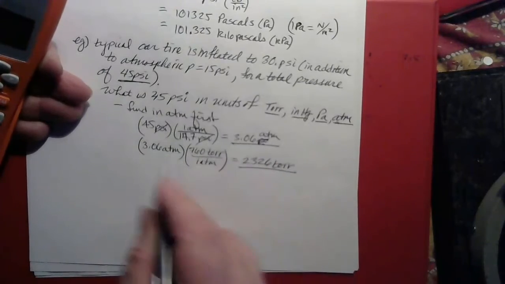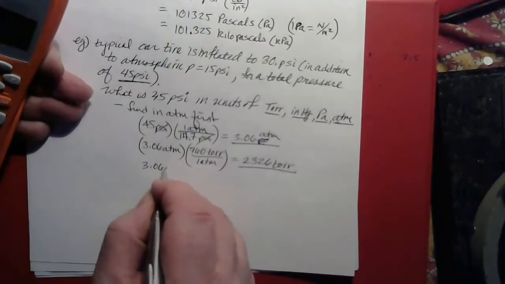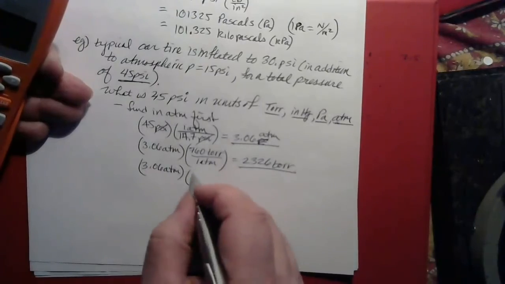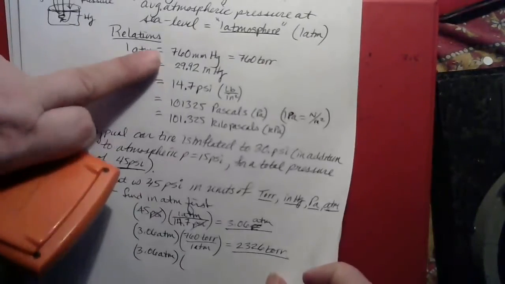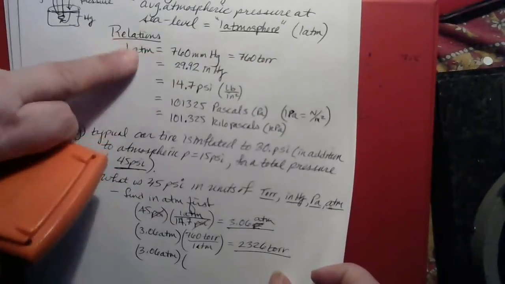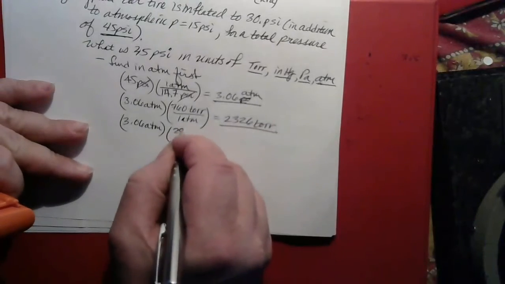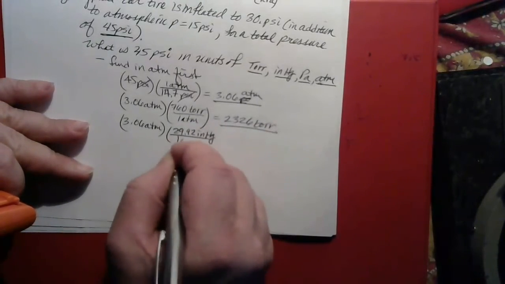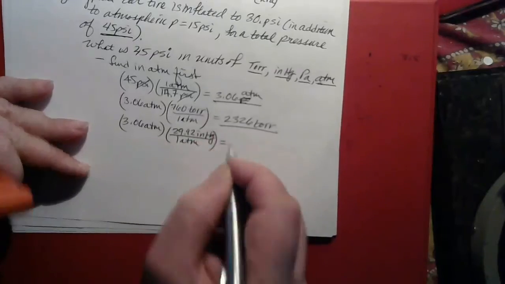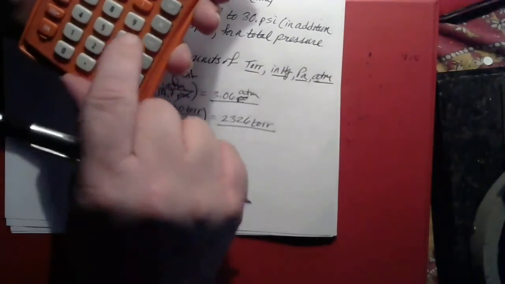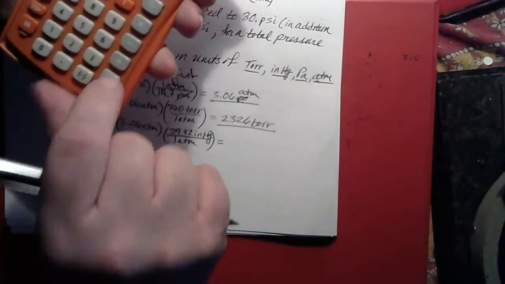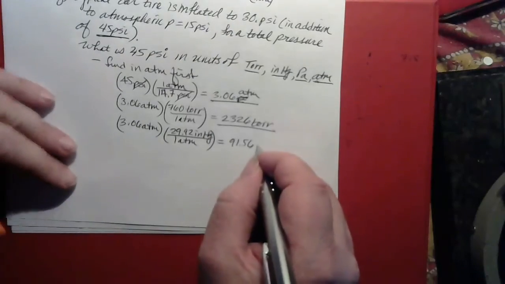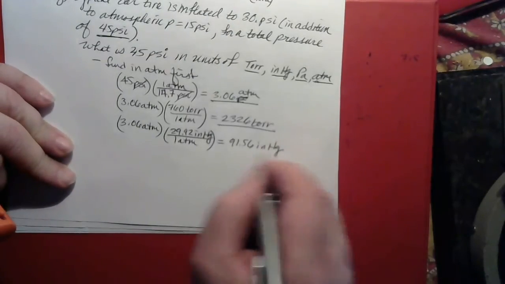Let's see, what's next? Inches of mercury. Again, if it's 3.06 atmospheres, and we know that there's 29.92 inches of mercury for every atmosphere, 3.06 times 29.92 is 91.56 inches of mercury.